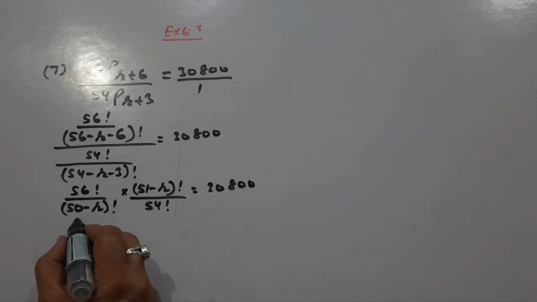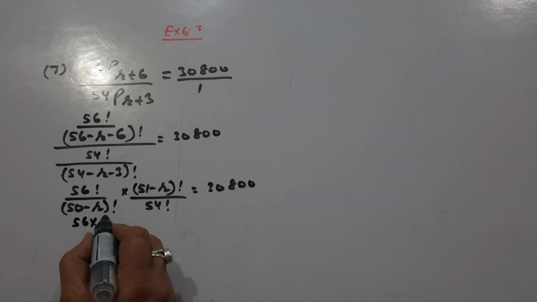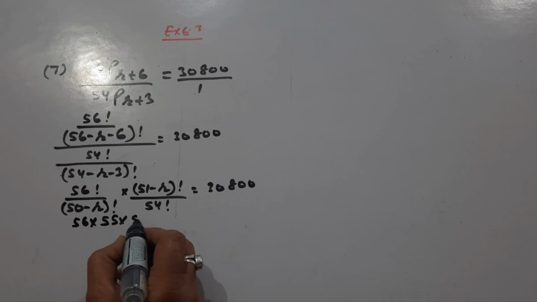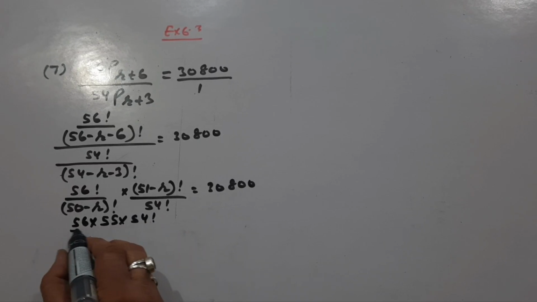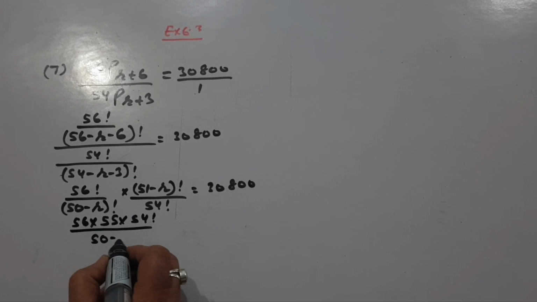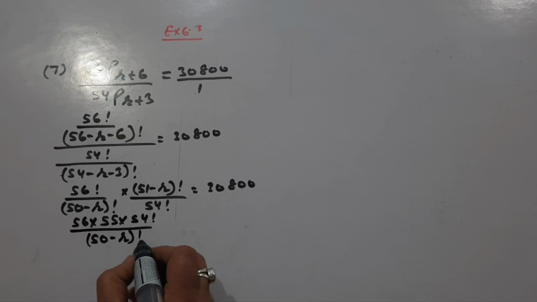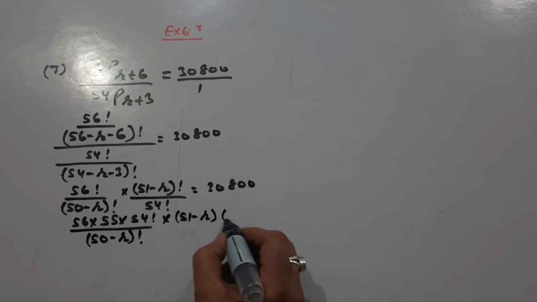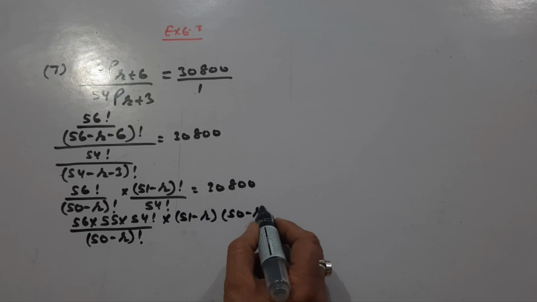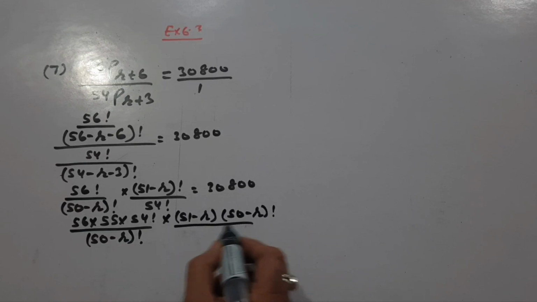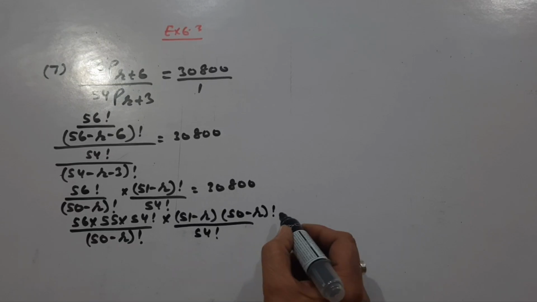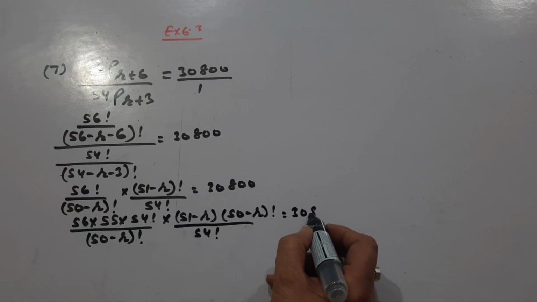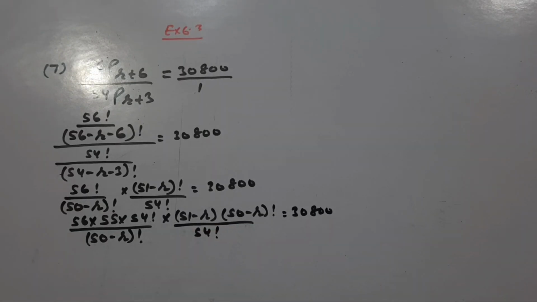Now write 56 as 56 into 55 into 54 factorial, 50 minus r factorial, 51 minus r, and 50 minus r factorial upon 54 factorial equals to 30800.